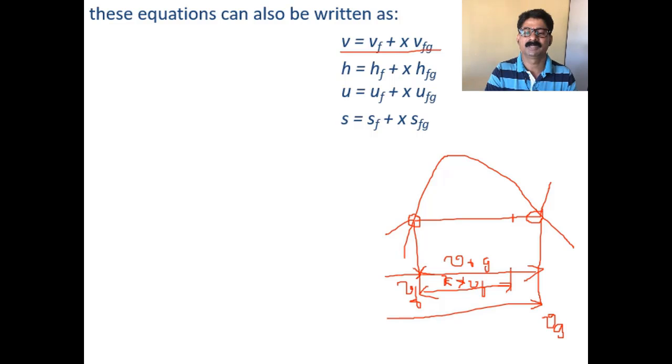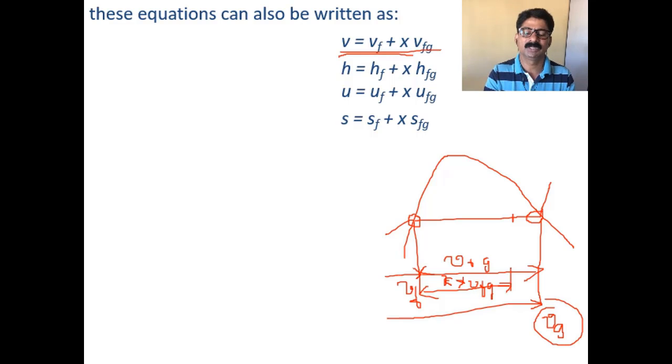So Vf plus x into Vfg is the specific volume of the two-phase mixture. That is how you have to find it. If x becomes 1, then Vf plus Vfg becomes directly equal to Vg.